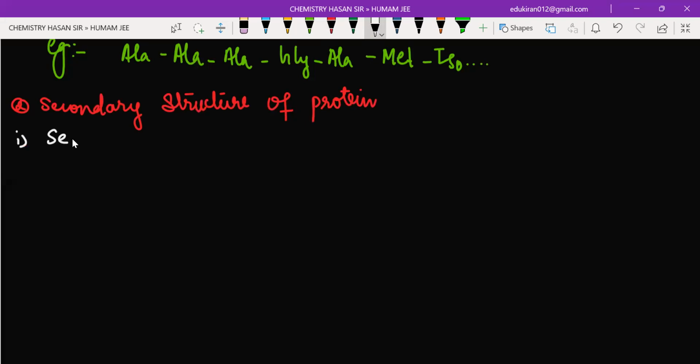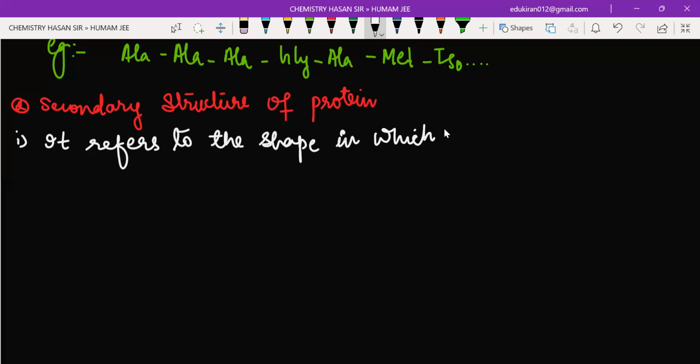It refers to the shape in which a long peptide chain can exist.